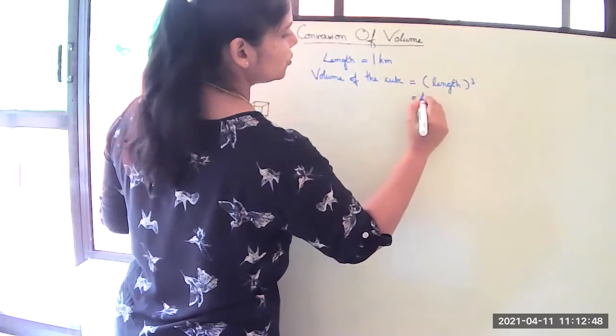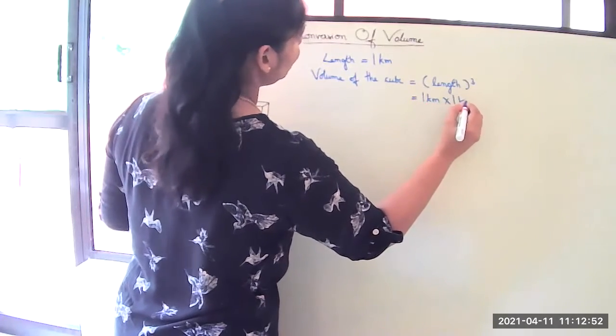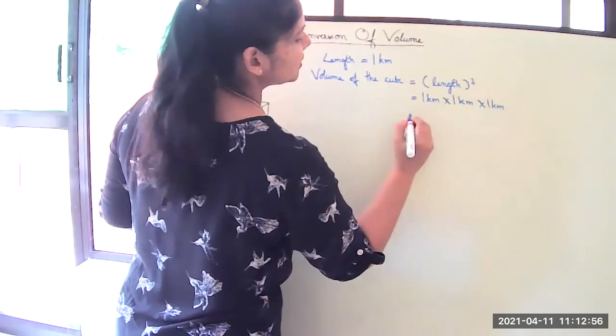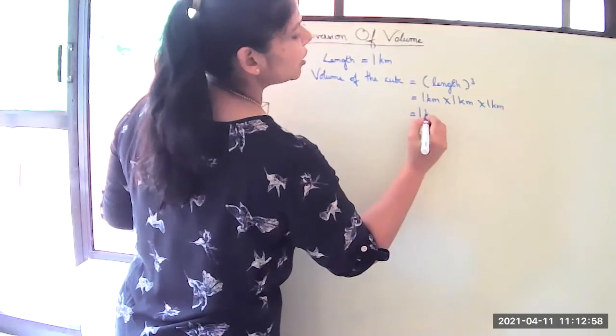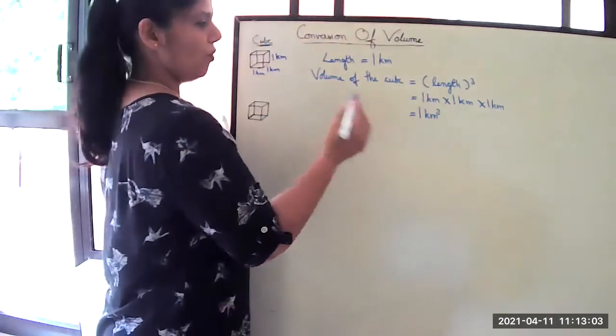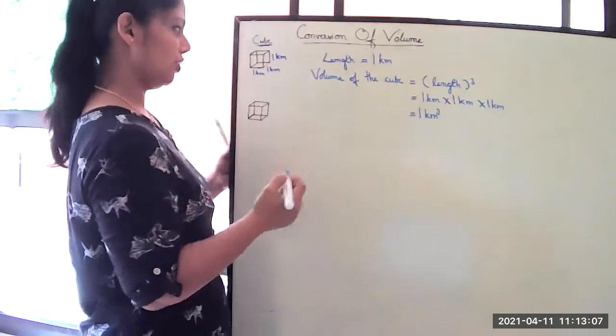That is equal to 1 kilometer multiplied by 1 kilometer multiplied by 1 kilometer, that is 1 kilometer cube. So you will get the volume of the cube as 1 kilometer cube.